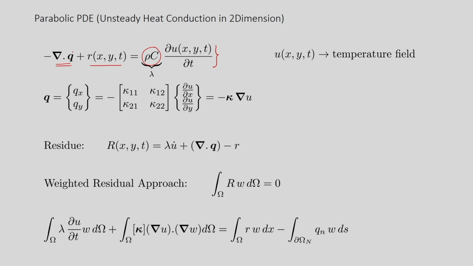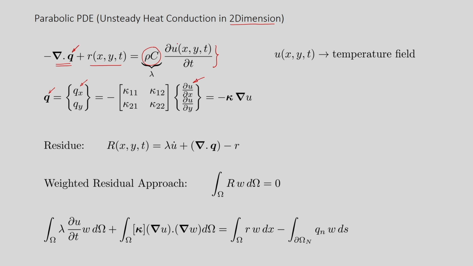Now, Q, for this particular problem, because we are talking about a problem in 2 dimensions, has 2 components, Qx and Qy. These are basically the heat flux in the x and y directions. As I said earlier, it is basically the rate of heat flow per unit area in the x and y directions respectively. This Qx and Qy is related to the temperature gradient.